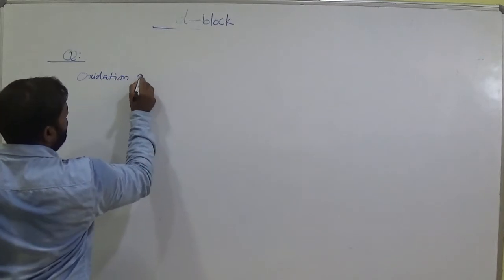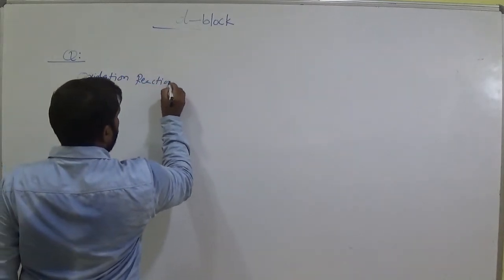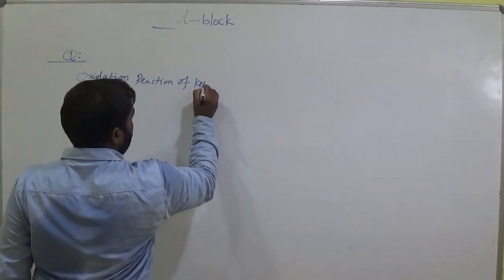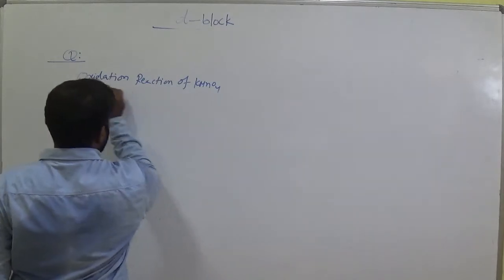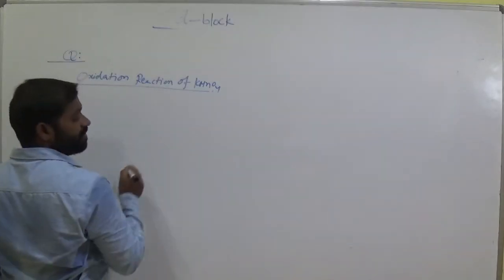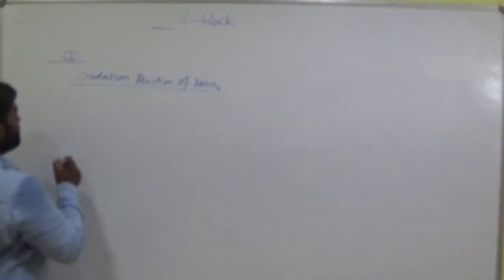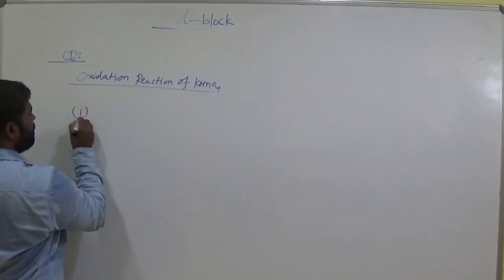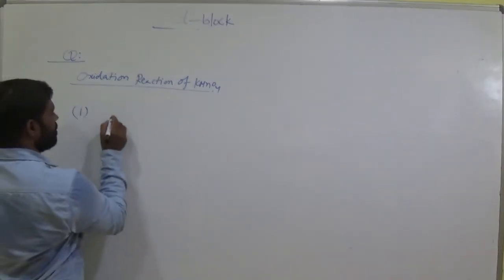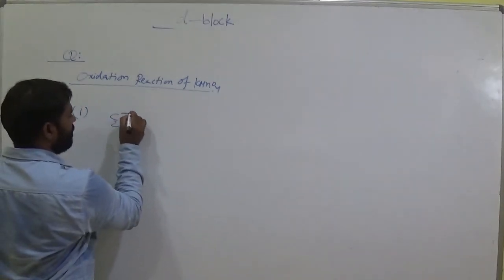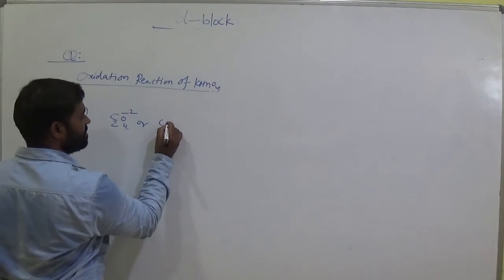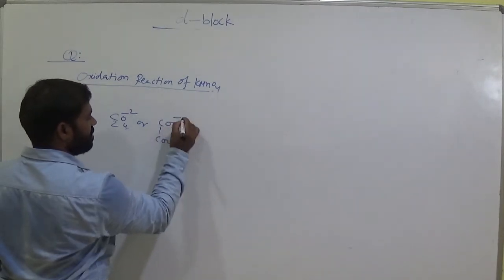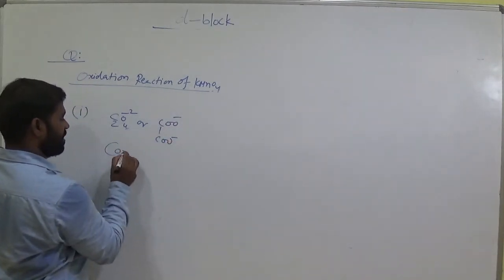Oxidation reactions of KMnO4. Okay, clear? So let's see. C2O4 2 minus, this is the oxalate ion.